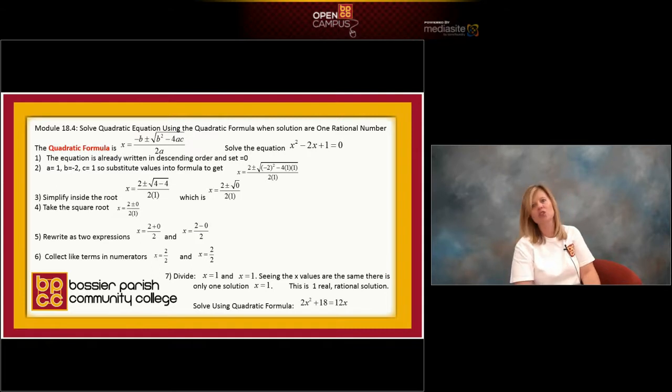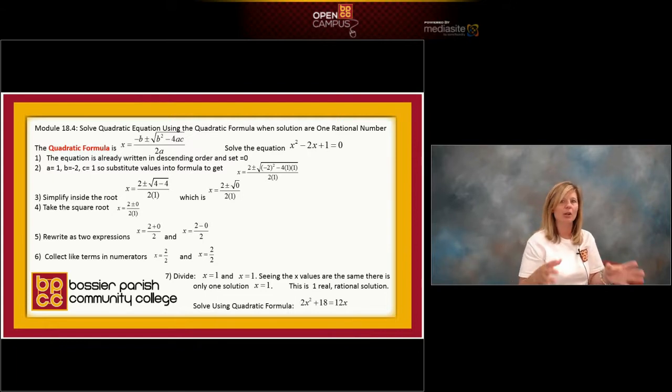If you go back to x squared minus 2x plus 1, you could have factored that expression using the trinomial rule. So anytime you're solving a quadratic equation and you use the formula and you get pretty answers, rational answers, that tells you and me you could have really solved this equation by factoring it and it would have been a whole lot quicker. Okay, let's go to the whiteboard.